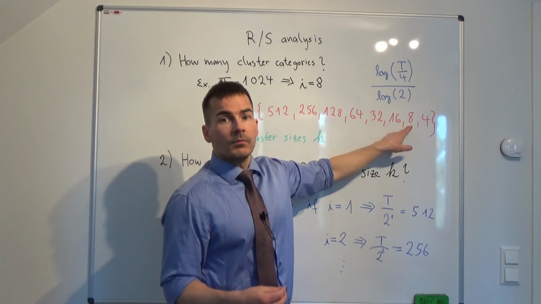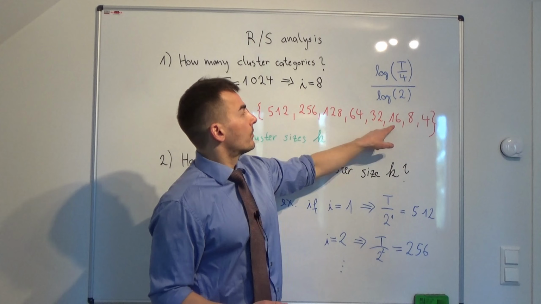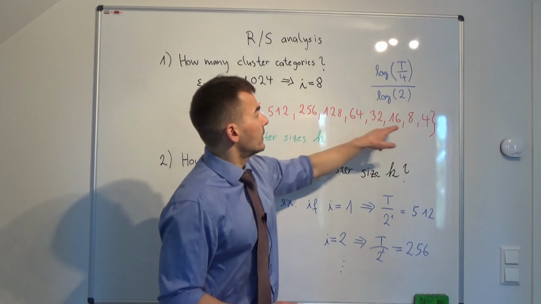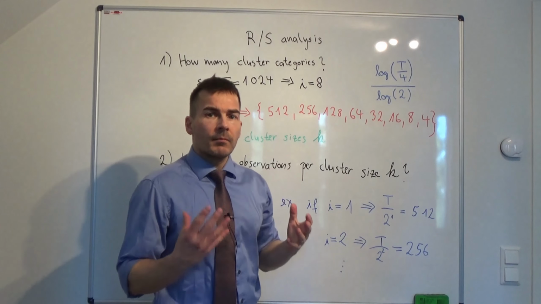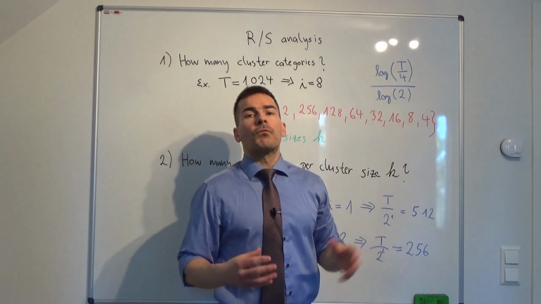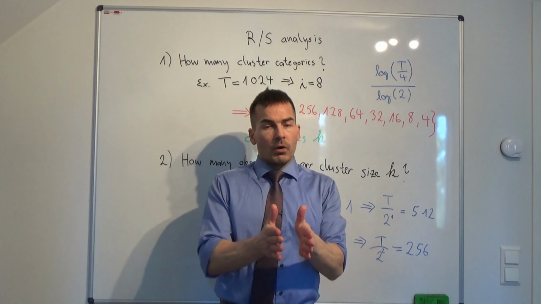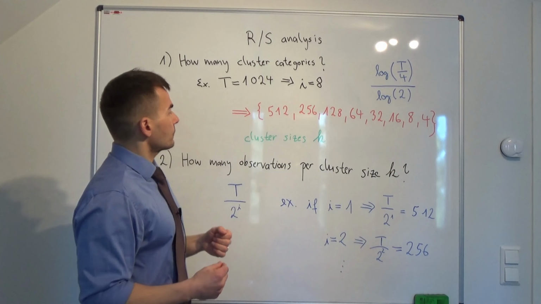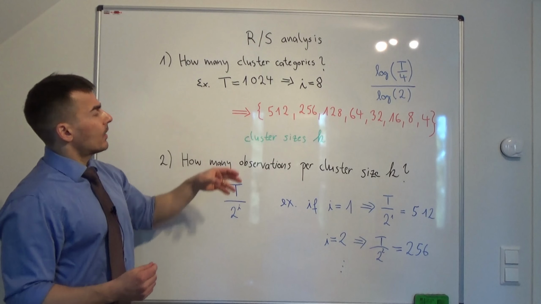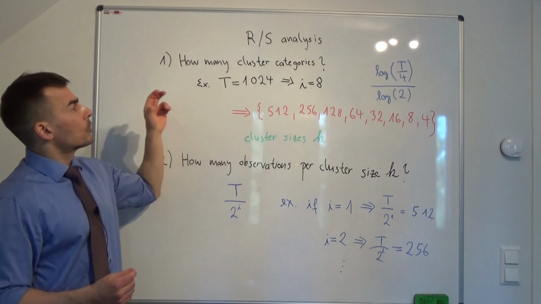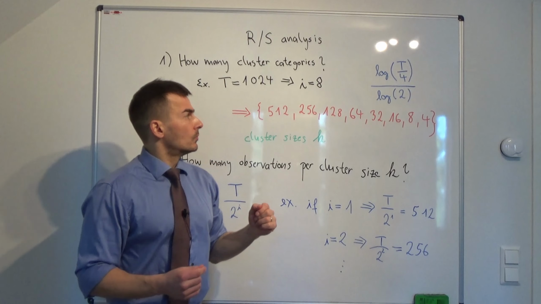Multiplying 8 by 2, the cluster size is 16. And so on and so forth. So all of these cluster sizes are multiples of 2. This is important to bear in mind. And we want to have at least 4 observations in one cluster. So this is why I argued in the lecture series it should be a multiple of 2.